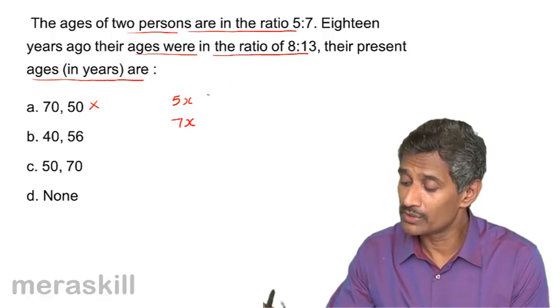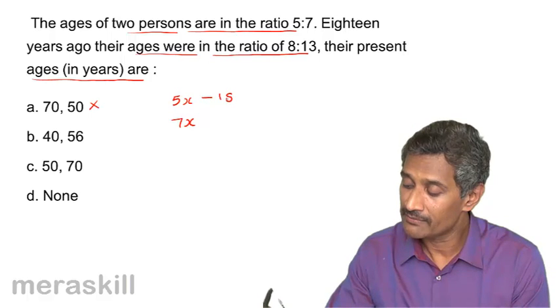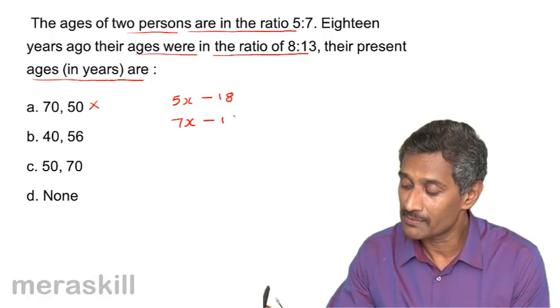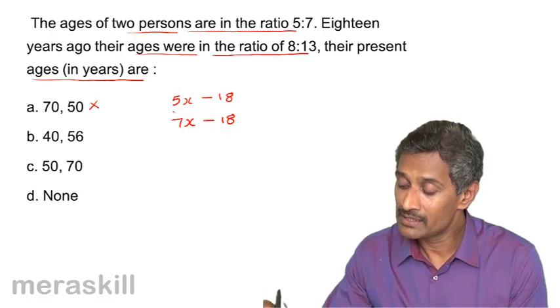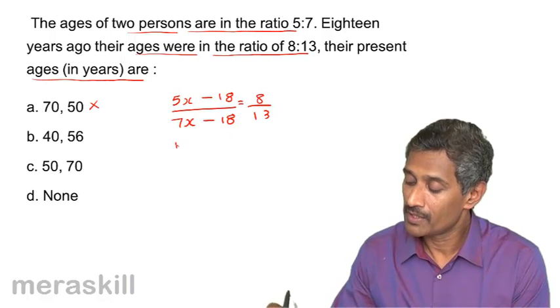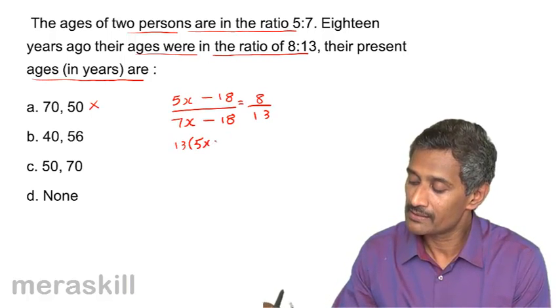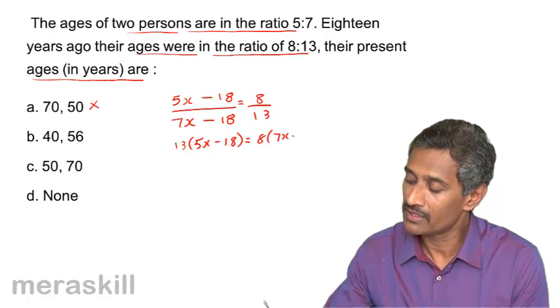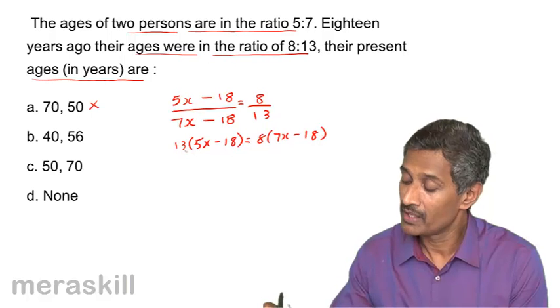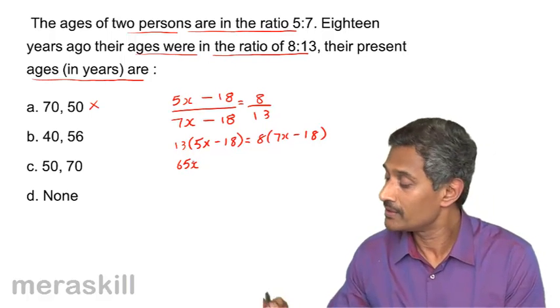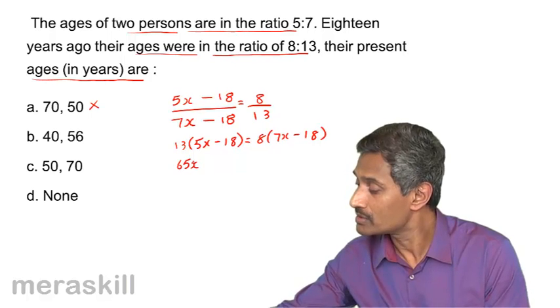18 years ago, this one's age was 5x minus 18. This one's age was 7x minus 18. And this ratio was 8:13. So we have 13 into (5x minus 18) is equal to 8 into (7x minus 18).